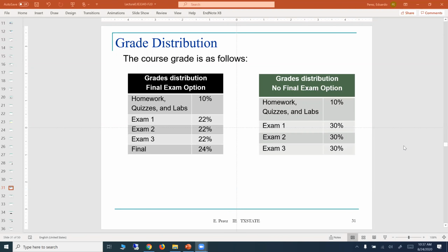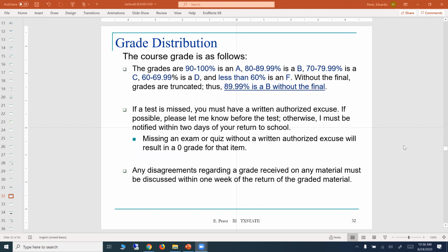But if you have a 78.5, then taking the final might help you get to the 80. So that's the type of leverage that you can use in terms of taking or not taking the final. So for the grades, I use the standard curve.